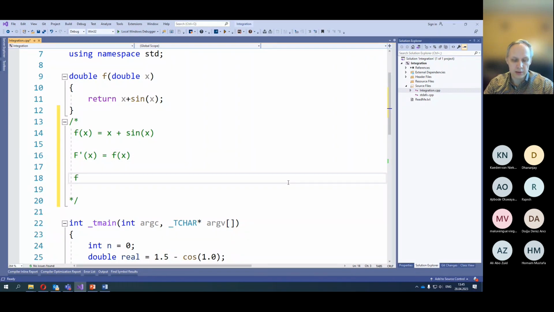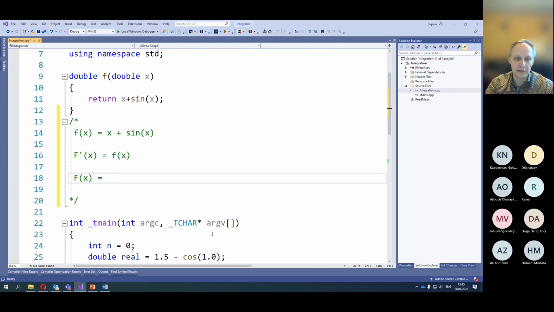In our case, the situation is very simple because we have one term, a linear polynomial, and the second term is a sine trigonometric function.